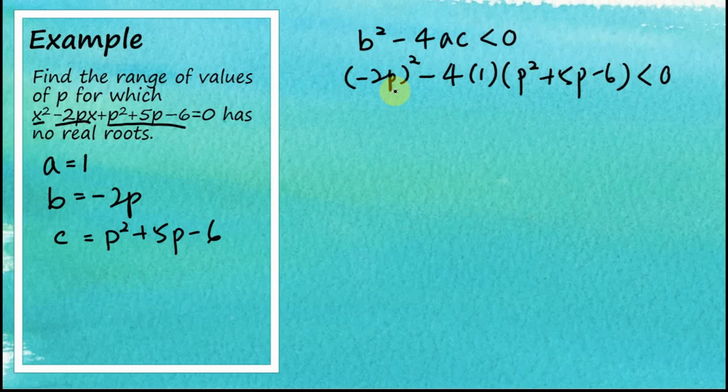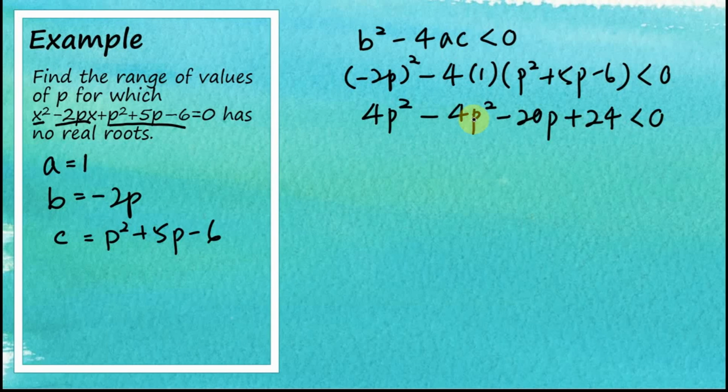So (-2p) squared equals 4p squared. Okay, and -4 multiplied by p squared, we have minus 4p squared, and -4 multiplied by positive 5p, so we have -20p, and -4 multiplied by -6, we have positive 24. And this is less than 0.